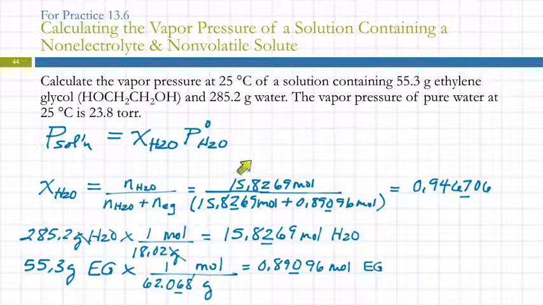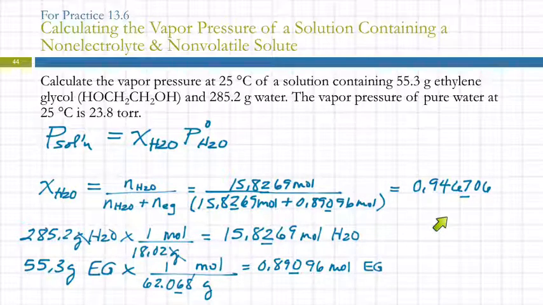You can't cancel the 15.8 with 15.8 because there's adding in the denominator. The moles cancel out though, because you have moles plus moles. So you have moles on the top, moles on the bottom, the units go away.